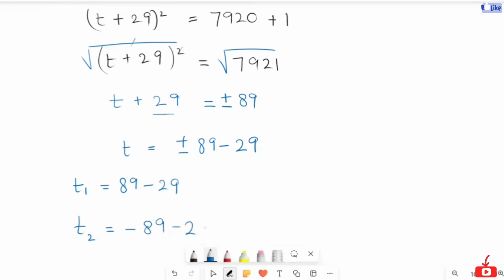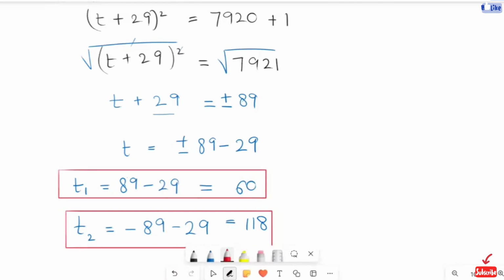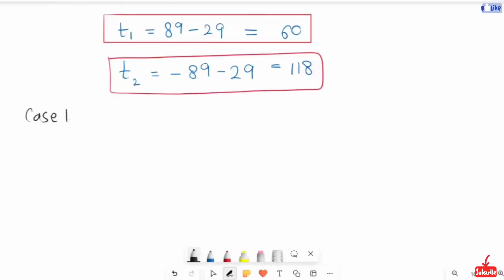minus 29. So as I solve this t1, I will get 60, and as I solve this t2, I will get minus 118. Here we get two cases. Case 1 is t is equal to 60. And if you remember, we let t as x squared plus 11x.